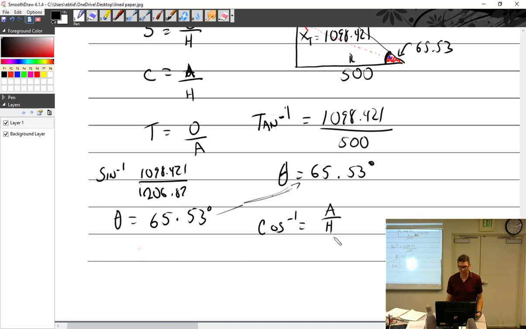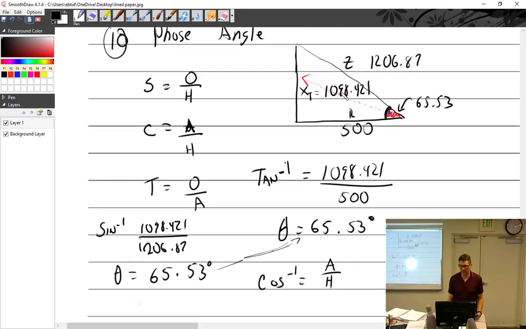I'm sorry, before you continue, can you explain the 1098, the opposite? That's opposite of X. Right there, 1098, that's XT. Doesn't matter if it is XT. Let me just walk over here. It's the opposite side. This is me, so regardless of SOHCAHTOA, we're always going to start from that.